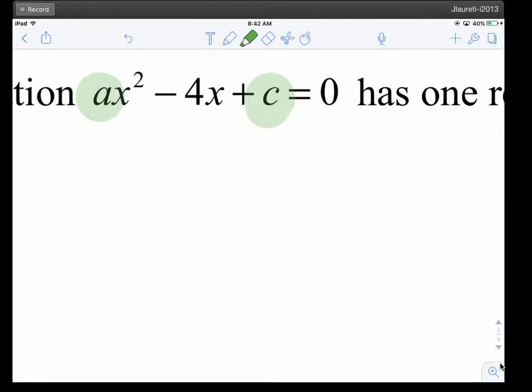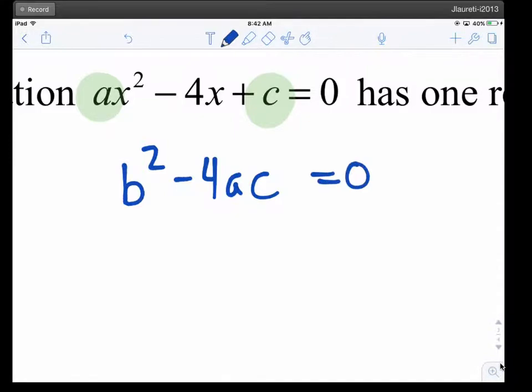You need to use the discriminant here to help you get that. Because we only want one solution, I need to set my discriminant equal to what? 0, right? Anytime the discriminant is equal to 0, you're only going to get one answer.